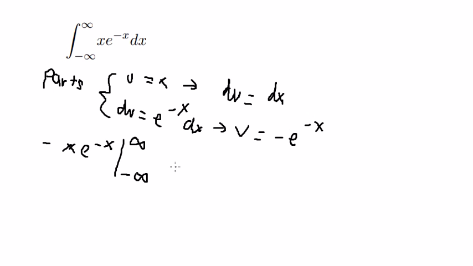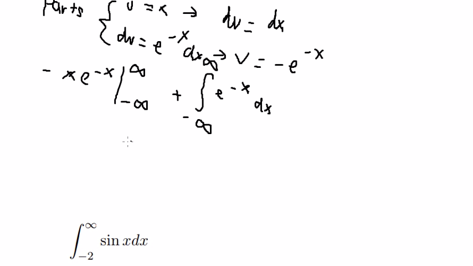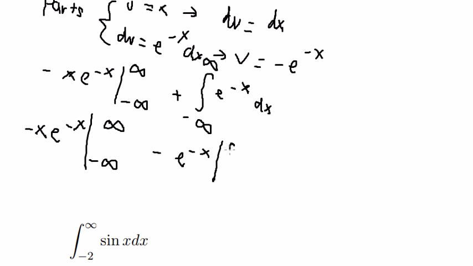We have negative, so you get positive. So this one you get negative e to the power of negative s, and we have the powers in here.